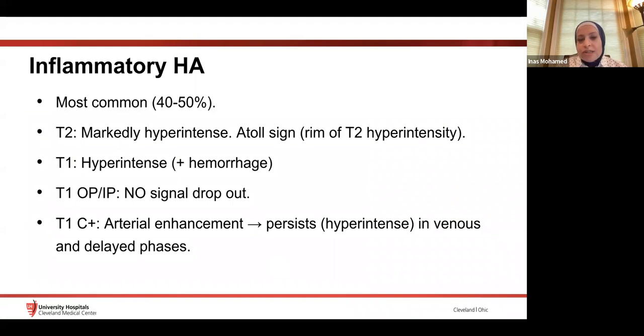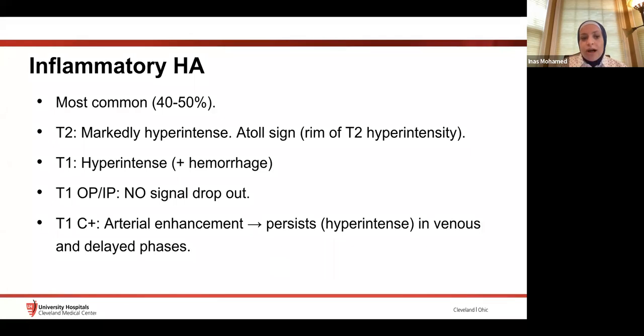On T2, it's markedly hyperintense, and it can have a rim of T2 hyperintensity around it. We call it the atoll sign. On T1 it can also be hyperintense, secondary to hemorrhage. This inflammatory hepatic adenoma does not drop signal in the in and out of phase.